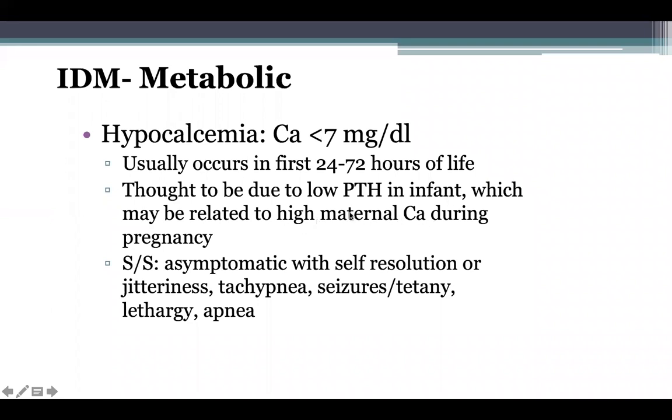Parathyroid is suppressed in the infant because of maternal hypercalcemia. Usually asymptomatic, it means there will be self-resolution, or it may present as jitteriness, tachypnea, seizure, tetany, lethargy, or apnea. Once you identify, treat with IV calcium for 72 hours.